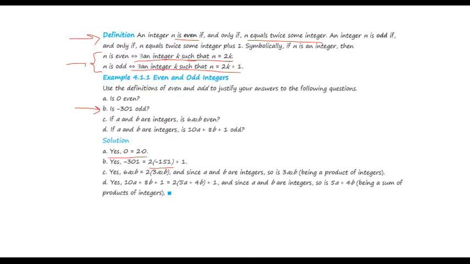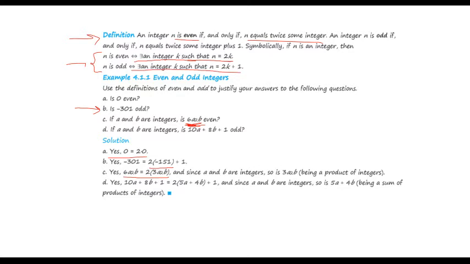The third case says if a and b are integers, is 6a squared b even? This is a squared b, which is mistakenly written as a2b, but it's a squared b. So is 6a squared b even or not? And the answer is yes, because 6a squared b is 2 times 3a squared b.